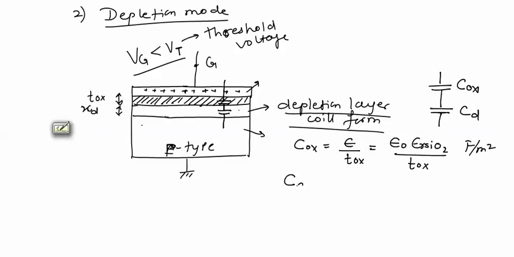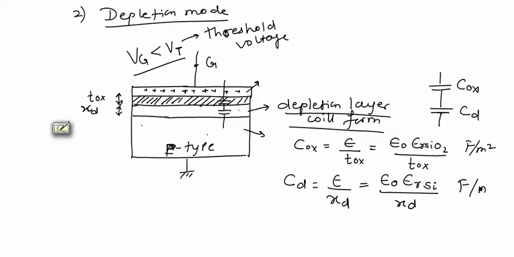The depletion capacitance will be written as epsilon upon XD, width of depletion layer, and epsilon will be epsilon naught into epsilon R, but in case of silicon, because this is not silicon oxide, it is silicon material which is a part of this p-type substrate. So divided by XD, this will be the capacitance due to depletion layer in farad per meter square.